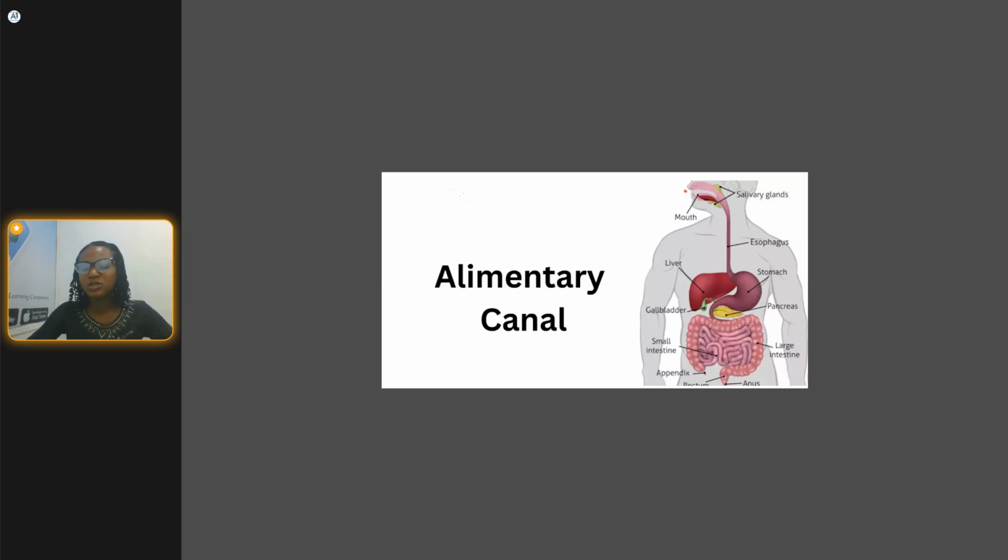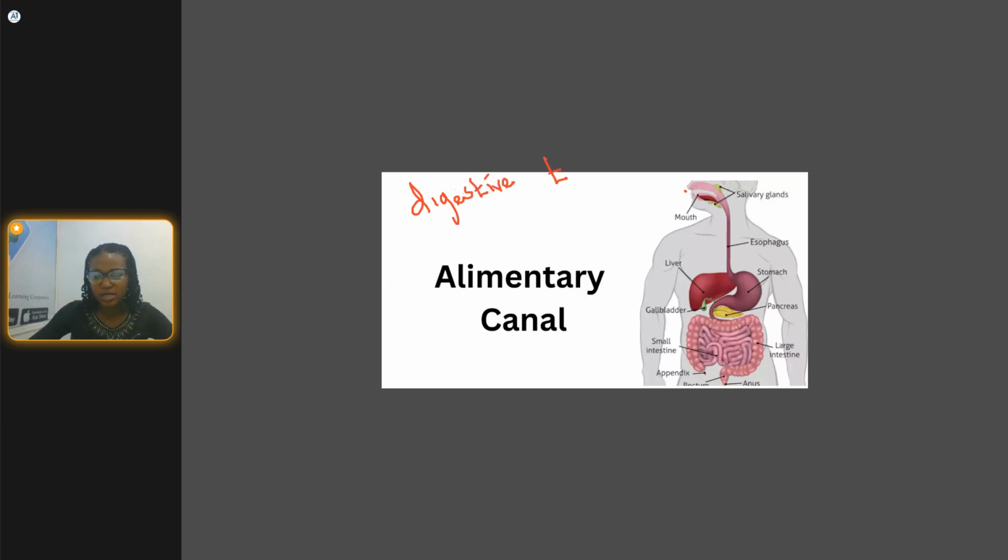Okay, so we are going to be starting with the definition of alimentary canal. What do we mean by alimentary canal? This is it here on the board, as you can see. And what is the function? Why do we have alimentary canal? Okay, so the alimentary canal is the same thing as the digestive tract.